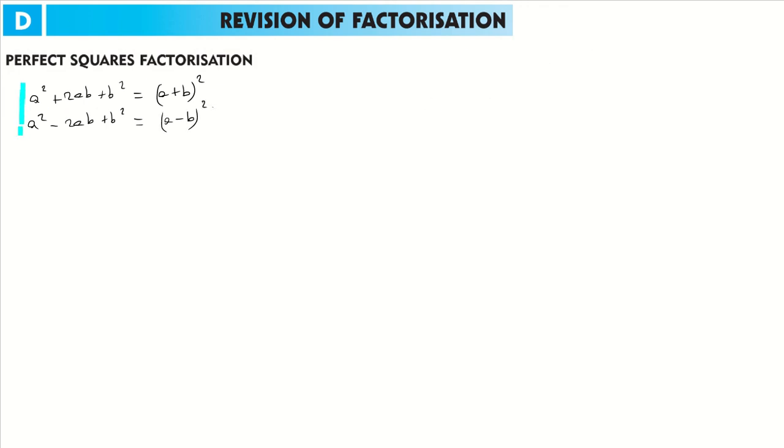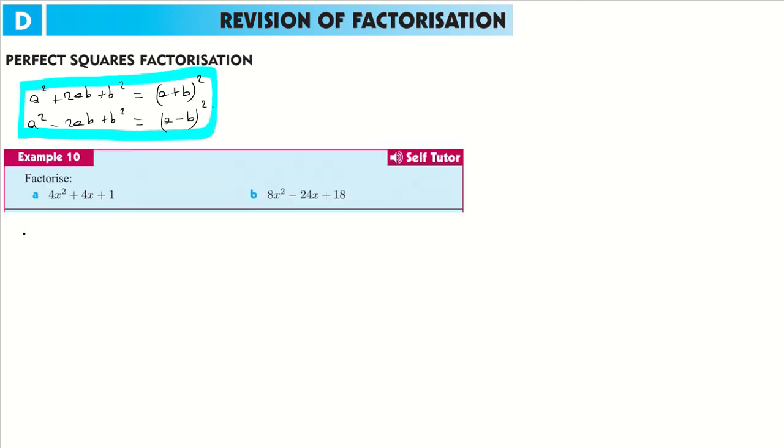Okay, let's do some examples. First one, 4x squared plus 4x plus 1. I can write that down as 2x to the power of 2 plus 2 times 2 times x plus 1 to the power of 2. And that is in this form here, a squared plus 2ab plus b squared.